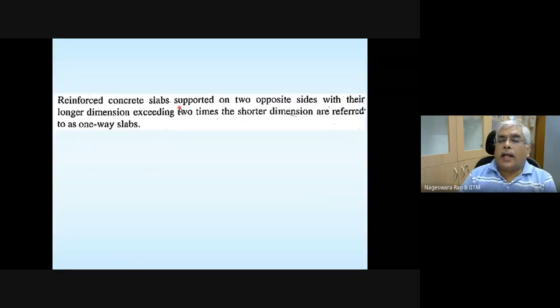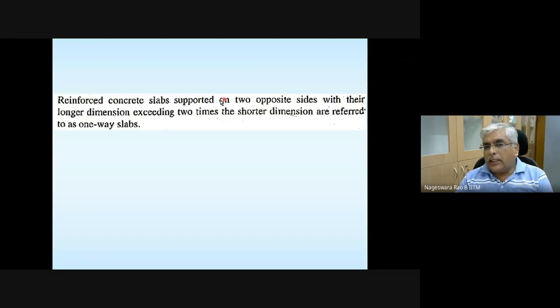Reinforced concrete slabs, please take a note of this point. Reinforced concrete slabs supported on two opposite sides with their longer dimension exceeding 2 times the shorter dimension are referred to as one-way slabs.